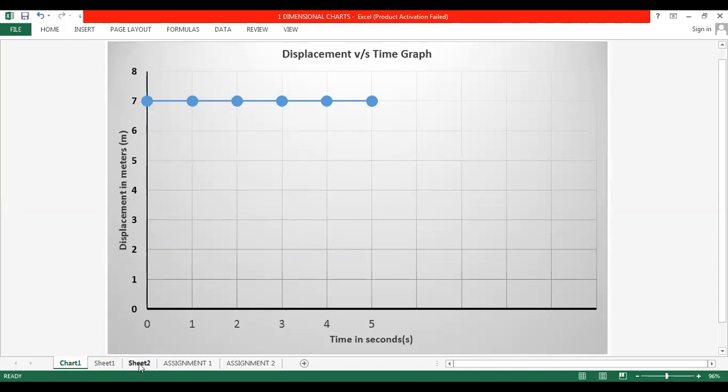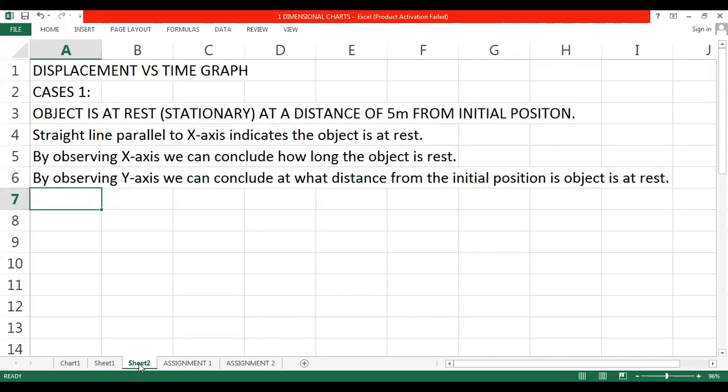By y. Clear, class? Is it very clear how we can come to know and how the graph looks like? We are discussing the first case, and what our first case tells us is that the object is at rest or stationary at a distance of 5 meters from the initial position. So how do we get the graph?